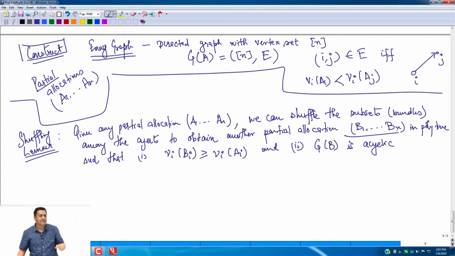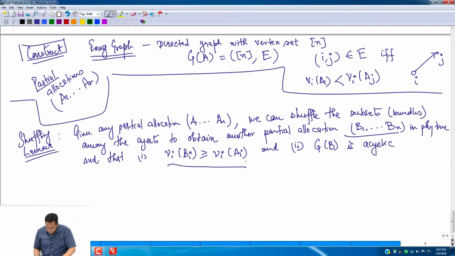The first one is that no agent actually gets angry with this shuffle, in the sense that for every agent, the value of the possibly new bundle it receives does not decrease. The bundle might not change. If it does change, say agent 7 receives the bundle of agent 3, even after this shuffle the value of the agent does not decrease.